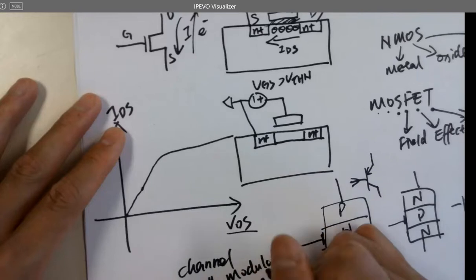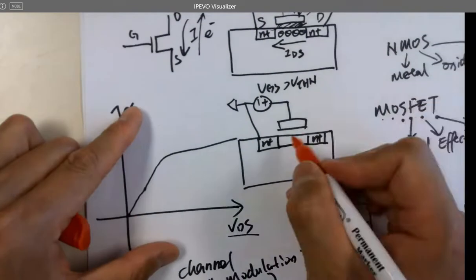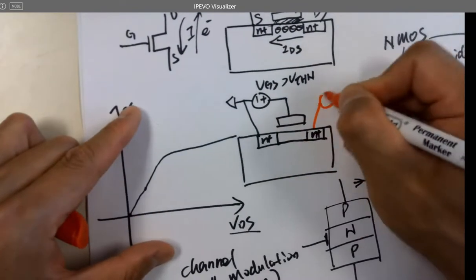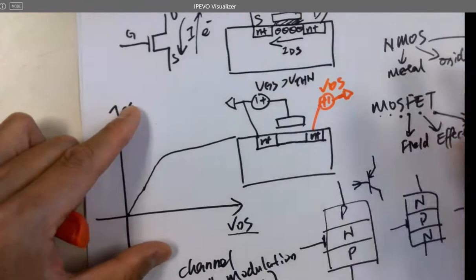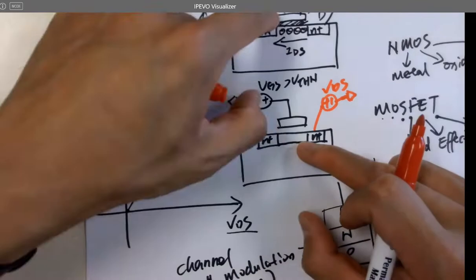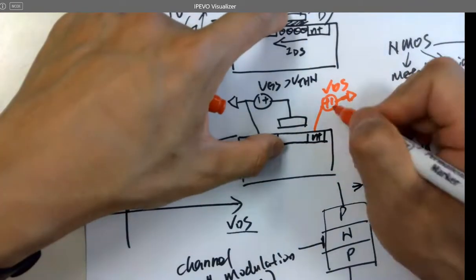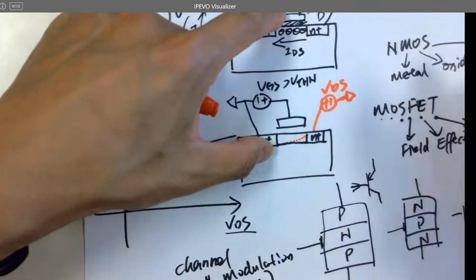CLM. What happens is when you increase the voltage of the VDS, this is grounded. The more electrons formed by VGS will be attracted by this VDS, and then the channel changes its shape to this.